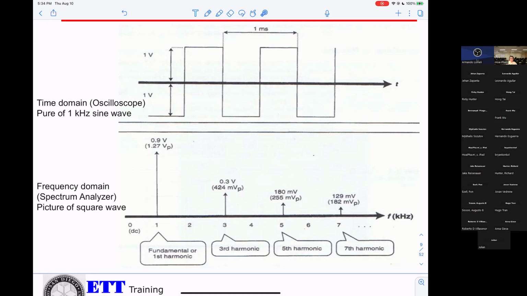An oscilloscope will be cheaper, maybe 1,000, 2,000, 3,000. You can buy an oscilloscope. However, for a spectrum analyzer, what we get is 24,000. Okay.